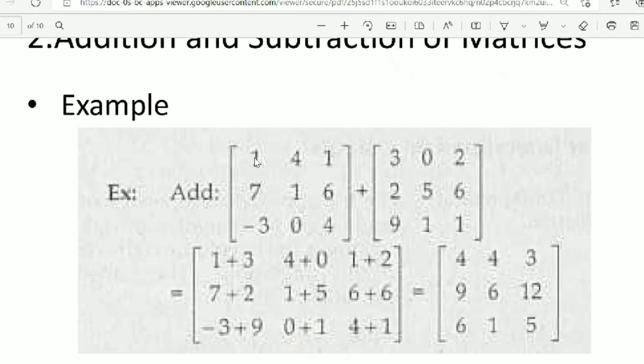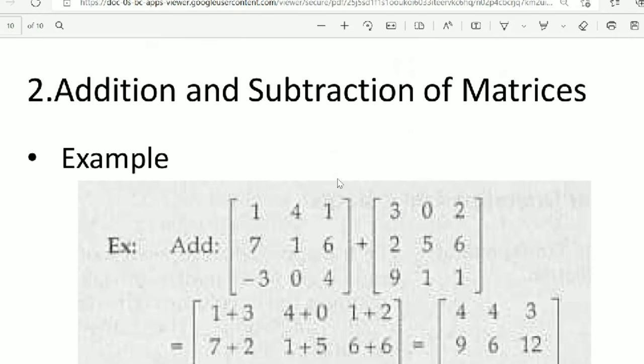In this case, we have 3 columns and 3 rows. Same goes for the second matrix: you have 3 columns and 3 rows. So we can add the two matrices or subtract the two matrices.